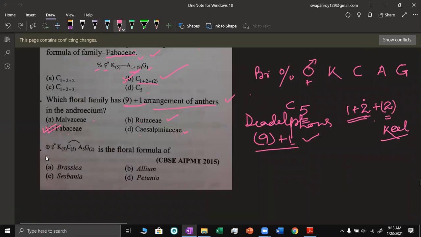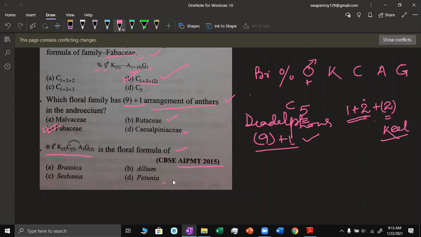Next one: here the floral formula is given. Out of these 4 plants, which plant is it? This is AIPMT 2015. Here the family name has not been given. So the names of the plants are given in botanical names, not the vernacular name or a common English name.